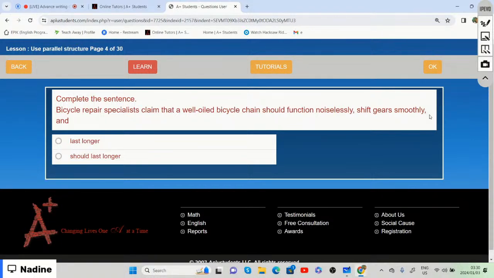Then bicycle repair specialists claim that a well-oiled bicycle chain should function noiselessly, shift gears smoothly, and last long.